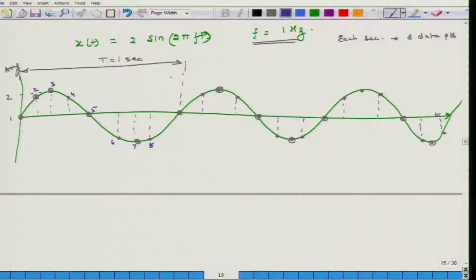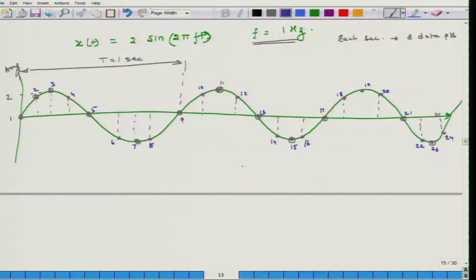In 1 second I am getting 8 data points. I am not picking up the 9th point, because at the 9th point the cycle is going to be complete. So, I am just getting 8, then in the next cycle I get 9, 10, 11, 12, 13, 14, 15, 16. So, in 2 seconds I get 16 data points, then 17, 18, 19, 20, 21, 22, 23 and 24.